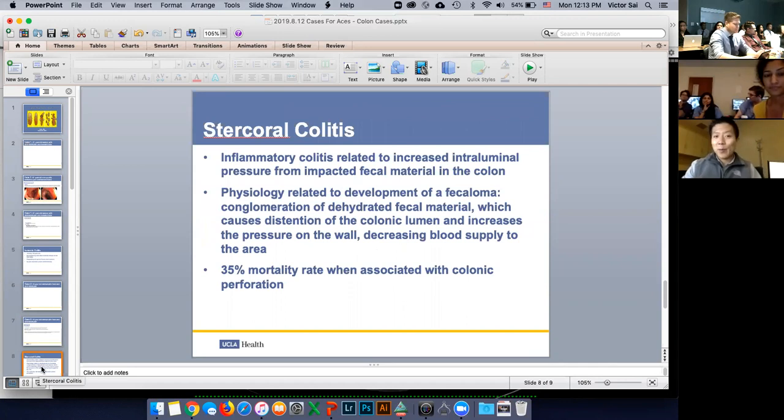So stercoral colitis, something to think about when you see a large amount of stool, and it's usually in a very elderly person, and that pressure on the colonic wall can actually lead to decreased blood supply, and after a while that pressure can also lead to perforation.